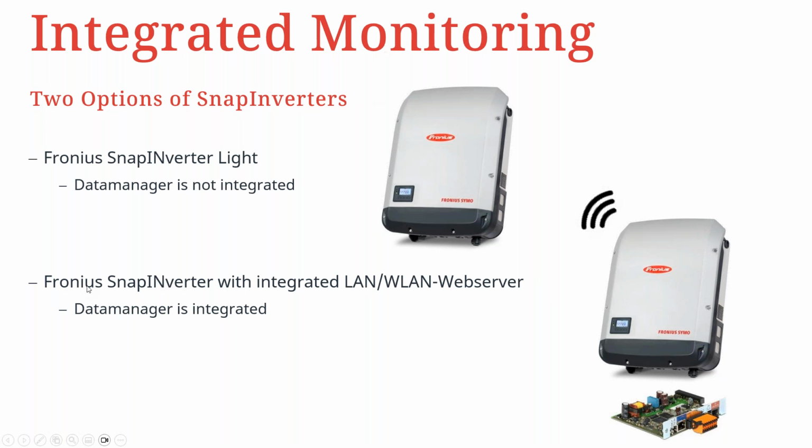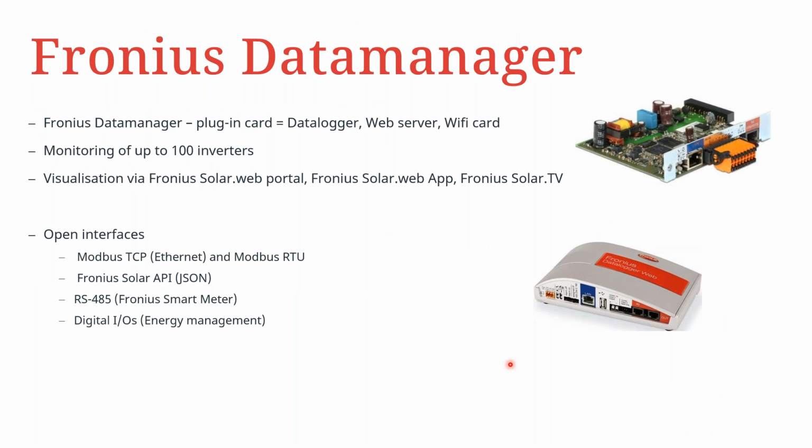But Snap inverters with the integrated LAN or wireless LAN web server have a data manager integrated into them and can independently communicate with another device, either another Snap inverter or a non-Fronius device.